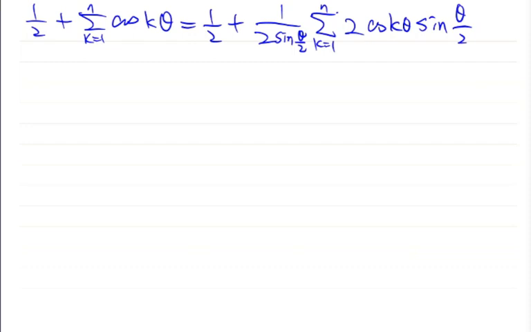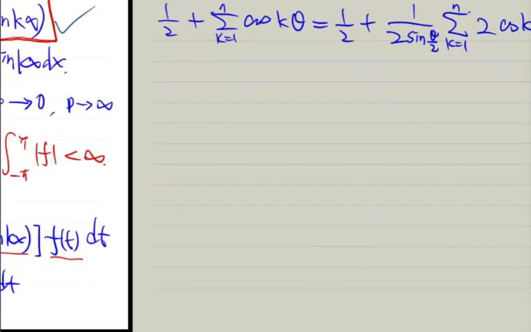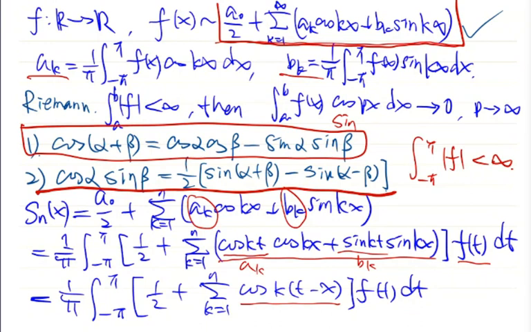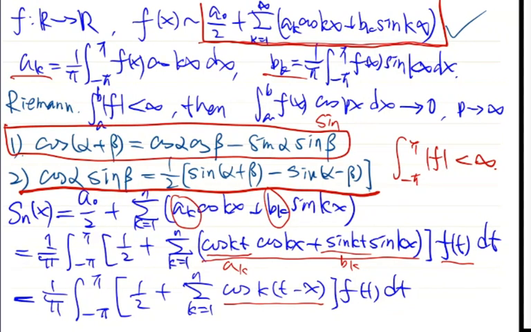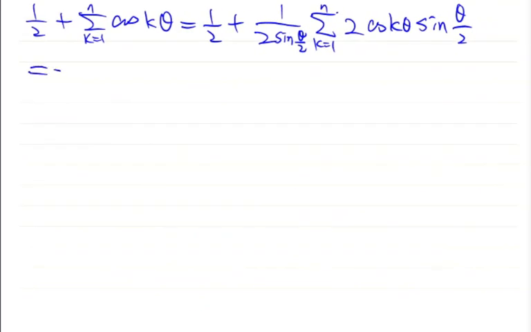Then we apply the second formula: cosine alpha sine beta equals half of sine(alpha plus beta) minus sine(alpha minus beta). So using this formula, our computation goes as follows. This is a half plus 1 over 2 sine half of theta.